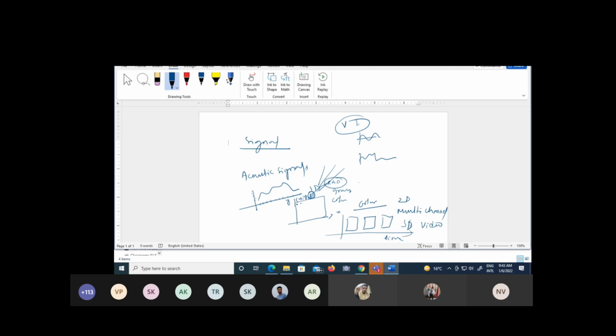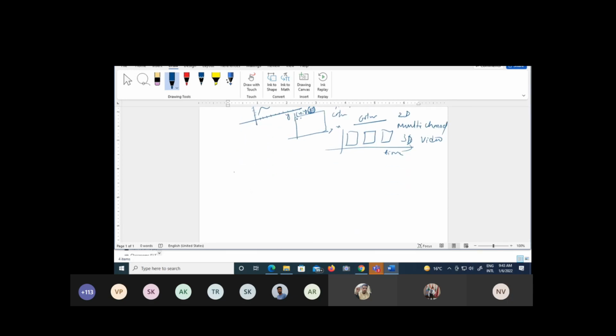Electronic and electrical are the same here, because we represent it in terms of voltage or current. So how will this non-electrical signal or acoustic signal be converted to an electrical signal?